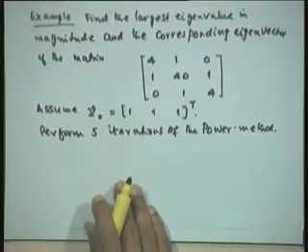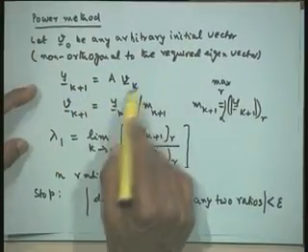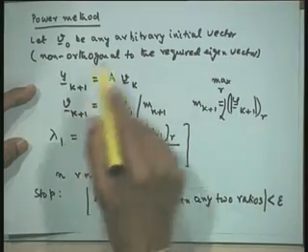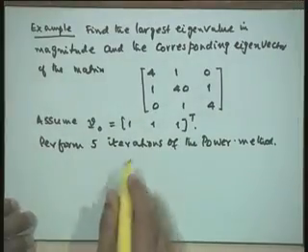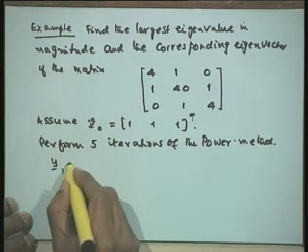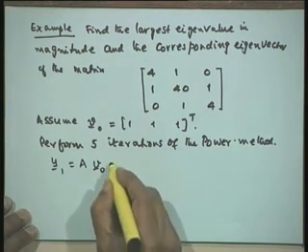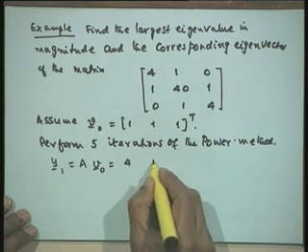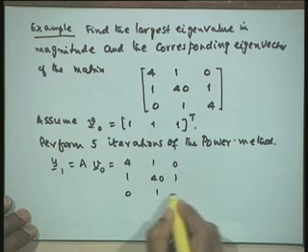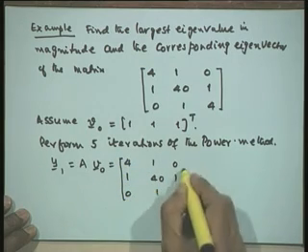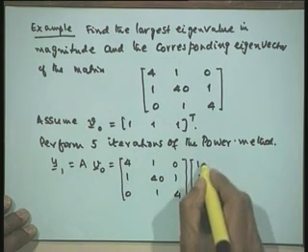Let us write down the first step. The first step is to write y 1 equal to A V 0, normalize it, and then repeat this procedure until the 5 iterations are done. So, we start with y 1 equal to A into V 0. That gives the matrix 4 1 0, 1 4 1, 0 1 4 times the initial vector 1 1 1.